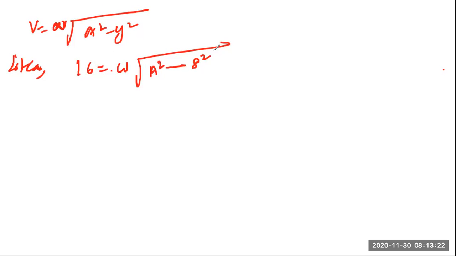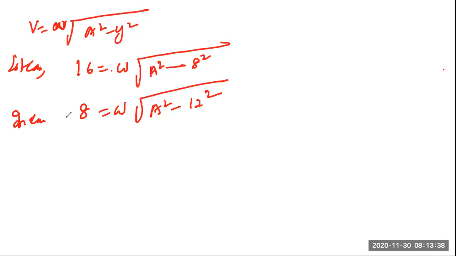Any doubt? Second case: velocity 8 is equal to omega into root of a squared minus 12 squared. Now just divide 1 by 2. You can find out a.